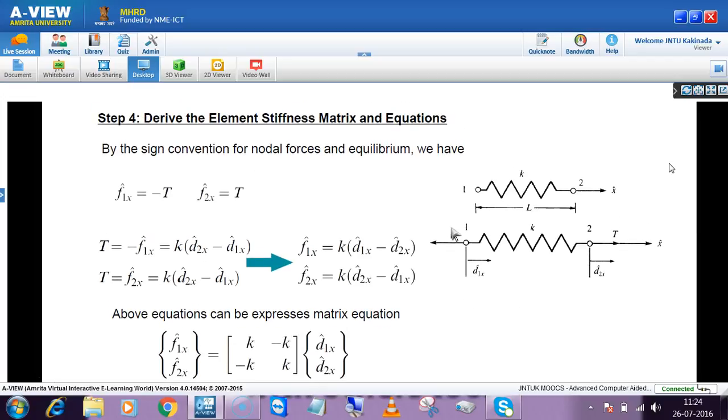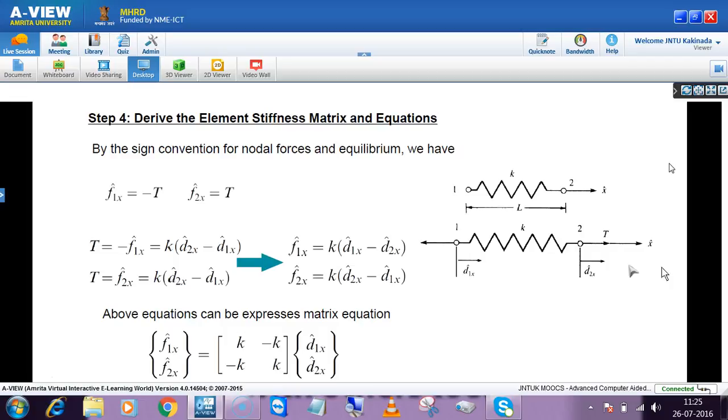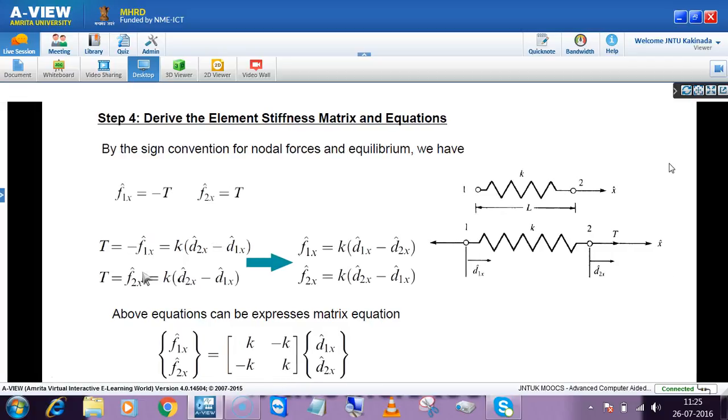By the sign convention of the nodal forces, at F1x we are pulling in the opposite direction on the x-axis, so it will be positive. Then minus F1x equals T, which is K into d2x minus d1x. Similarly, F2x equals K into d2x minus d1x. When you rearrange these equations, K is common and it is d1x minus d2x.